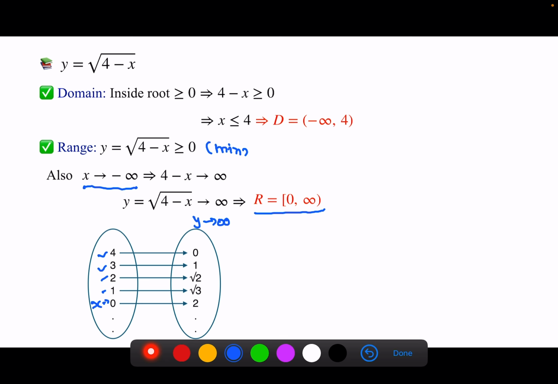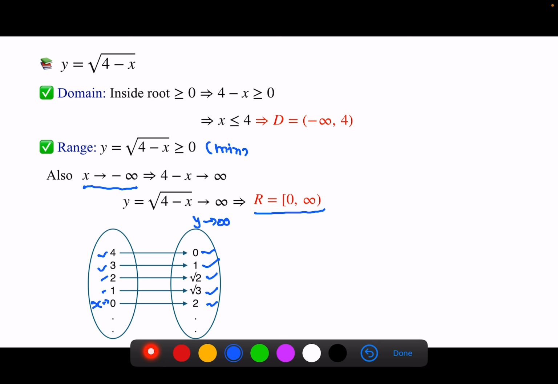So for x equal to 4 the value is 0, for x equal to 3 it is 1, for x equal to 2 it is root 2, which is approximately 1.4, and for x equal to 1 it is root 3, which is approximately 1.7, and for 0 it is 2.